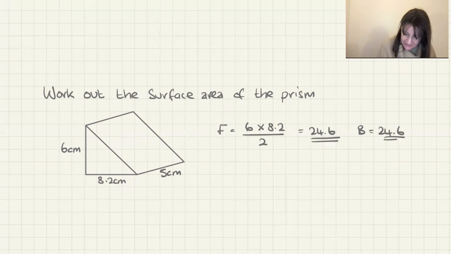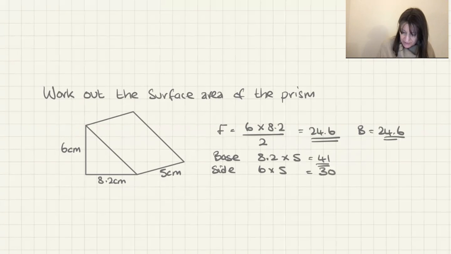I'm going to do the base, which is 8.2 times 5, which is 41. And then the side, which is 6 times 5, which is 30. And then I've got the slope, and that's when I then hit my problem.